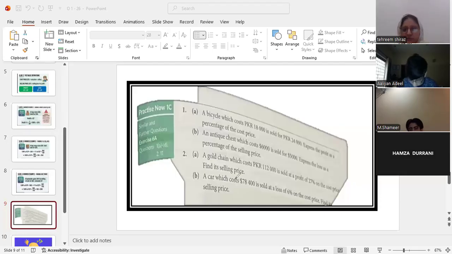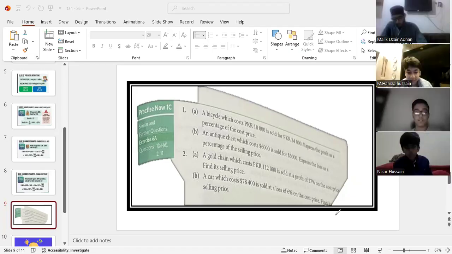Anyone who can do this question, please raise your hands. Here we need to calculate the profit first and then the sales price. No one?